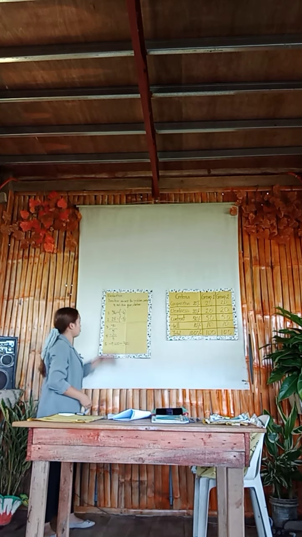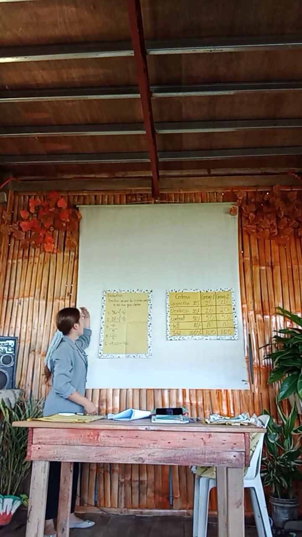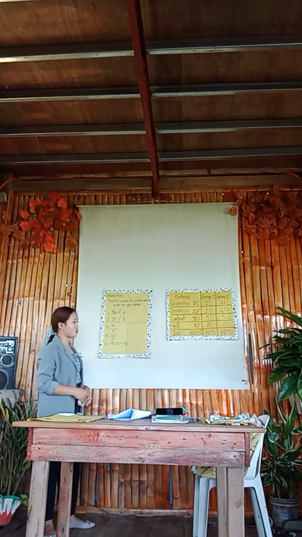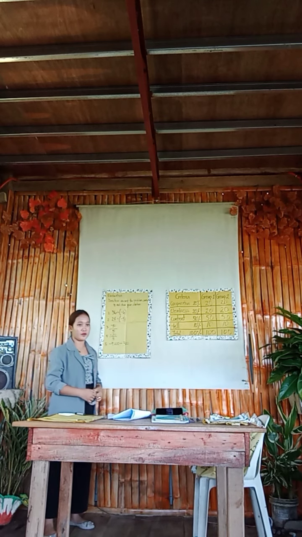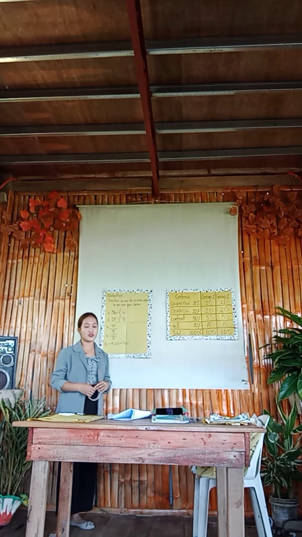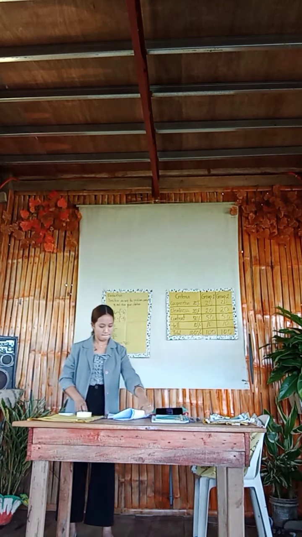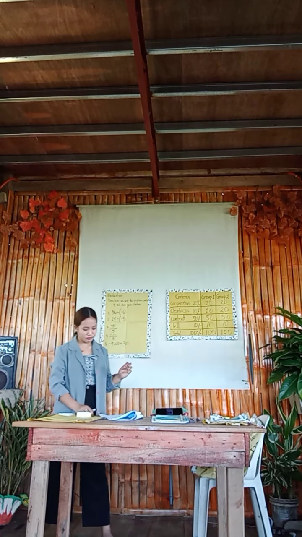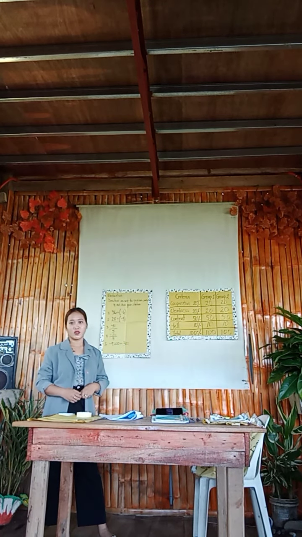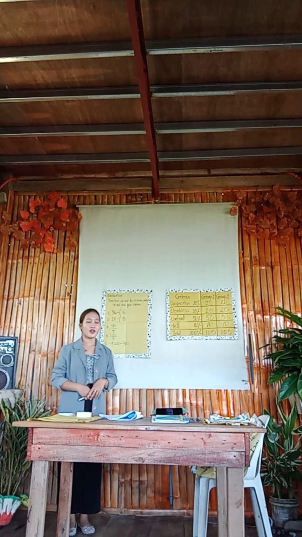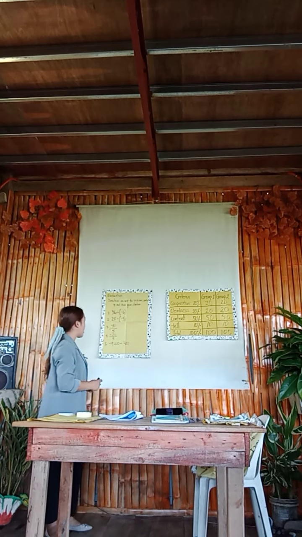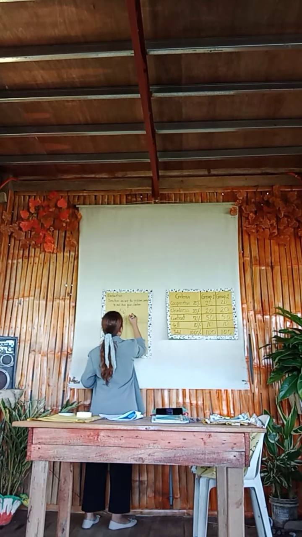Direction: Answer the problem correctly and show your solution. So, this is the problem, 1 to 5. And your time starts now. Are you done, class? Very good. And here's the answer.